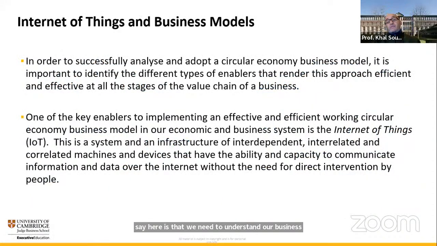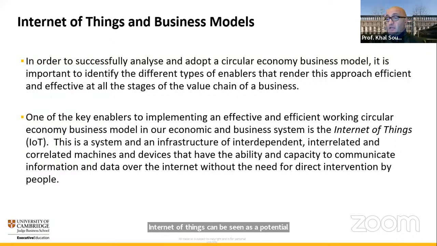But one of the key elements, as I mentioned earlier, is really the issue relating to data, the issue relating to intelligent assets. So what I would like to talk about now is the Internet of Things and business models. The Internet of Things is an intelligent asset. The Internet of Things can be seen as a potential enabler to achieving circularity.